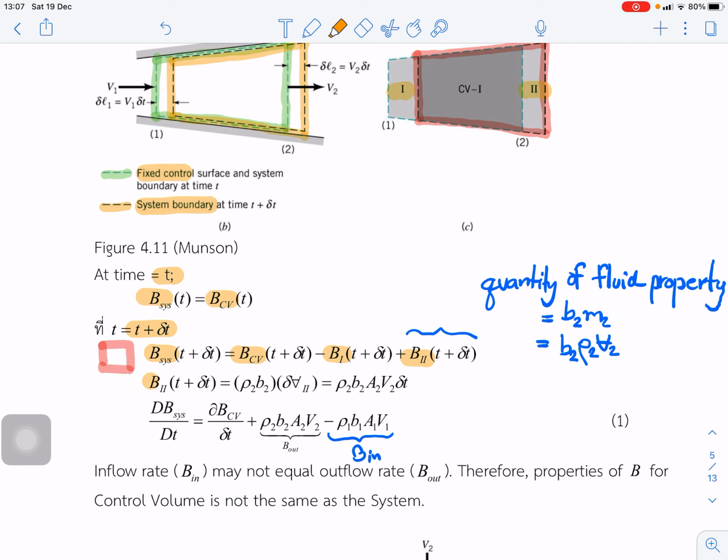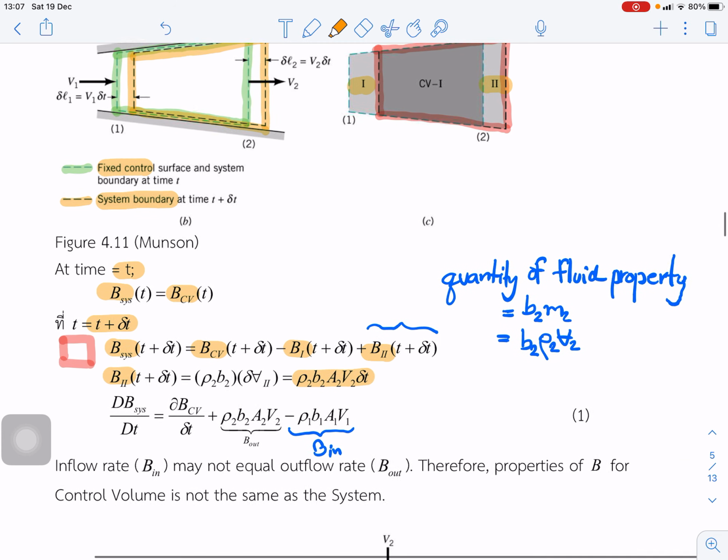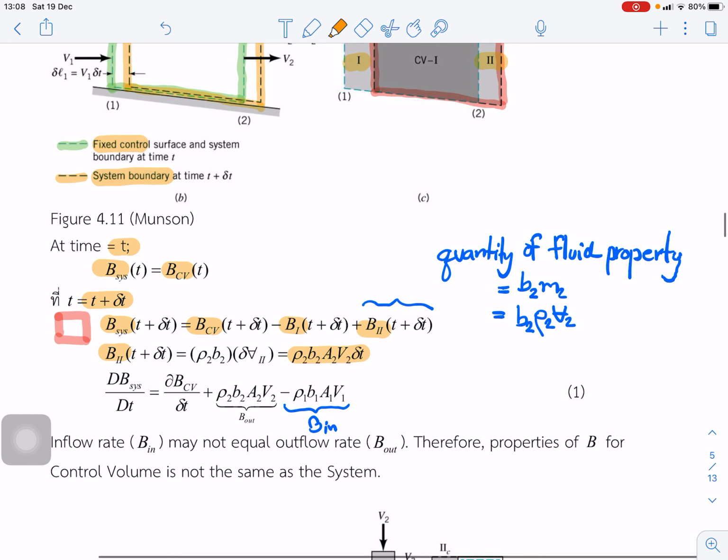We can write B2 as rho 2 B2 A2 V2 times delta t. That comes from focusing on B2: the quantity of the fluid property is equal to B2 times M2, where M2 is the density times volume 2.